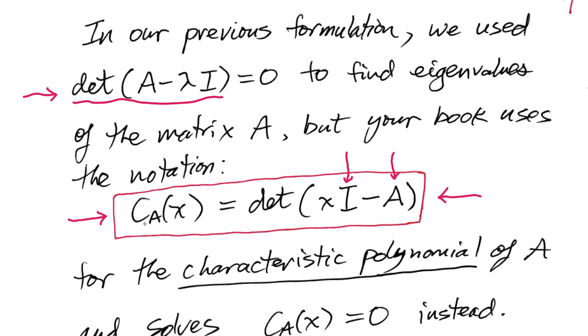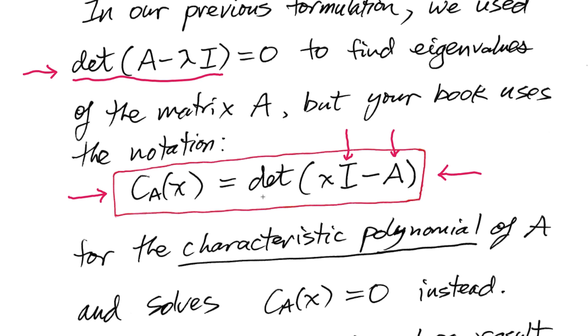By the way, we write this way: the determinant of xI minus A. Remember, if A is an n by n matrix, then what you end up with is what? A polynomial of degree n. In this case, that polynomial would be in x, in the unknown or variable x. We designate that polynomial by c subscript A of x.